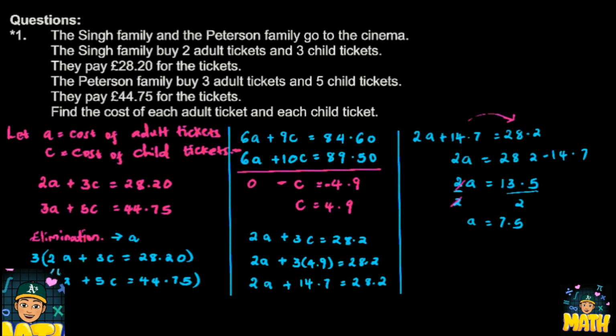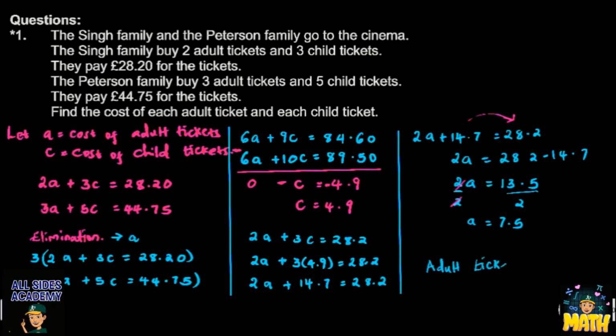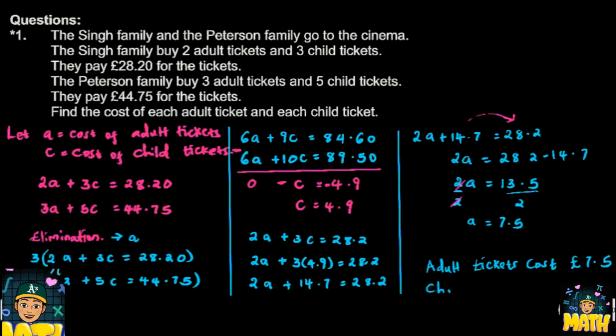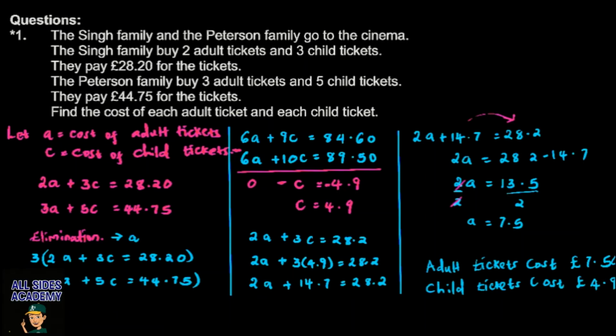And that is the solution for A and the solution for C. So that means that the adult ticket will cost £7.50, and the child tickets will cost £4.90.